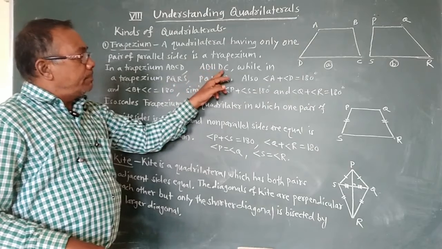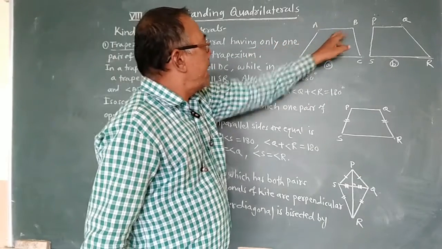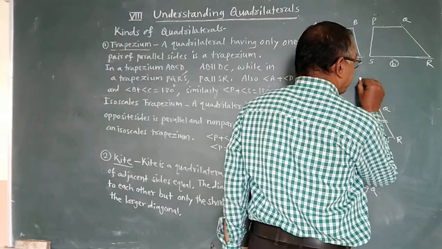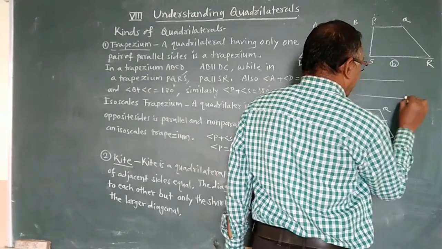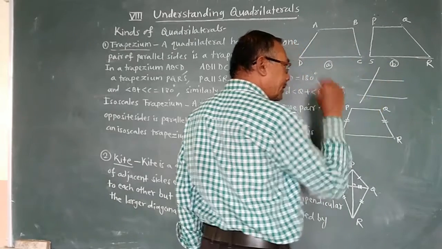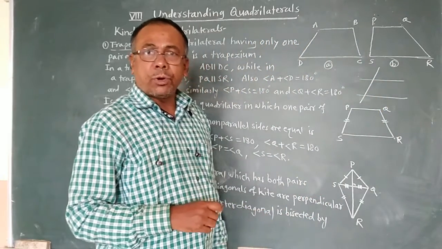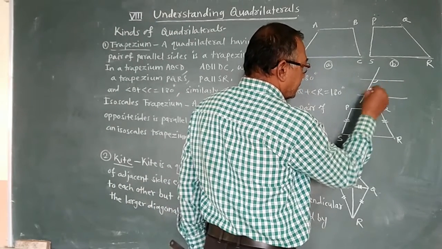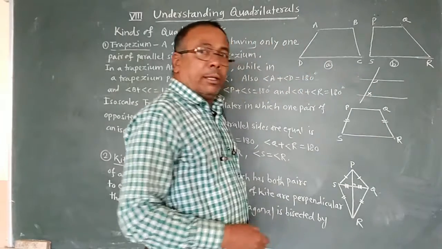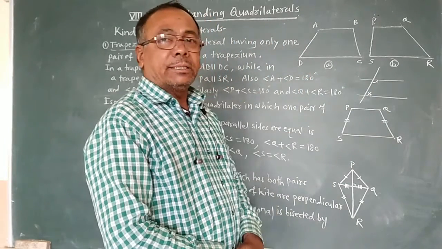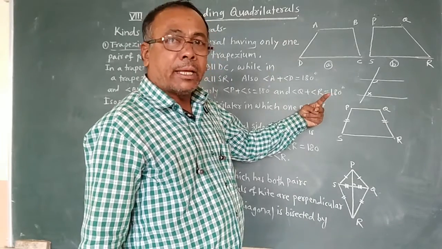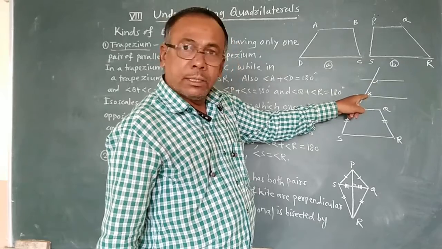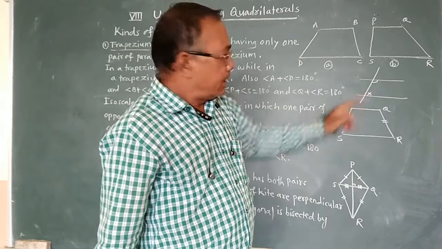Here AB and DC are parallel. We know that if there are two parallel lines and we draw a transversal, then these two angles are interior angles, and interior angles are always supplementary, means the sum of these two angles is 180 degrees.